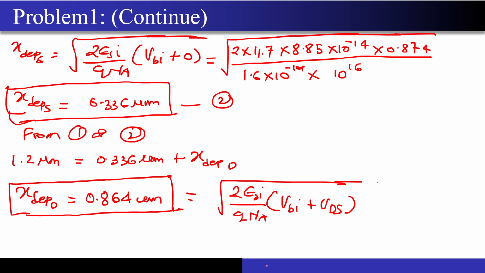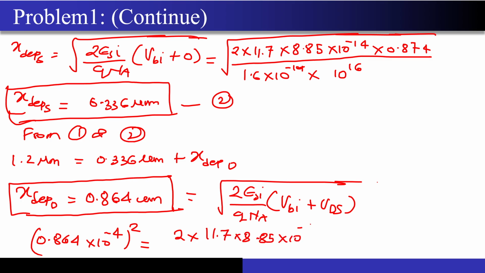So now I just have to square it up. I just have to square this value, 0.864 into 10 to the power minus 4, the whole square. Now this will be 2 into, again the same thing, right? 11.7 into 8.85 into 10 to the power minus 14 divided by q, which is 1.6 into 10 to the power minus 19.